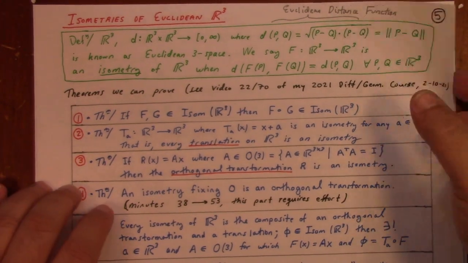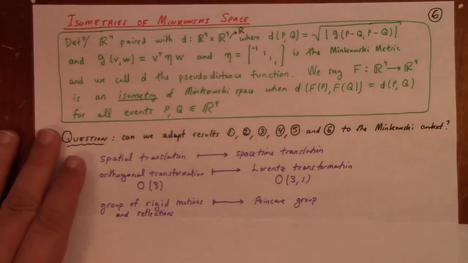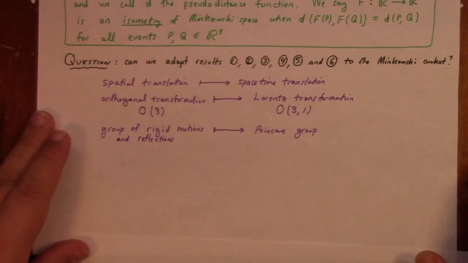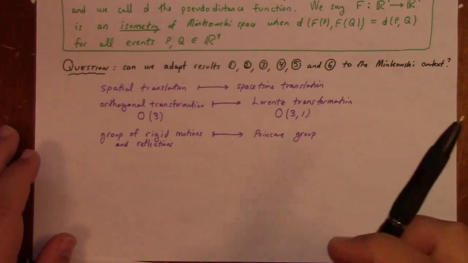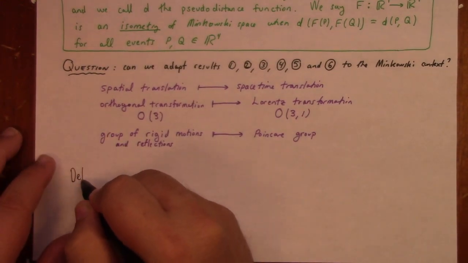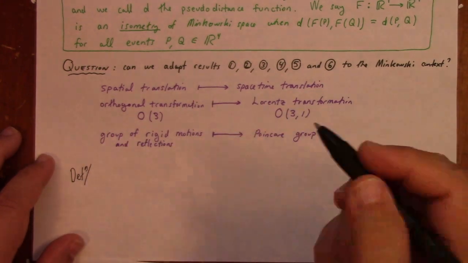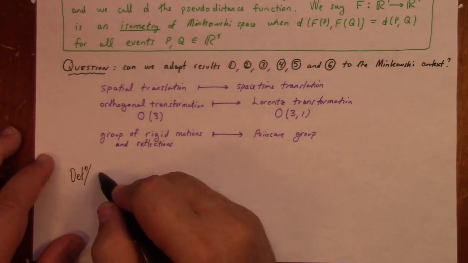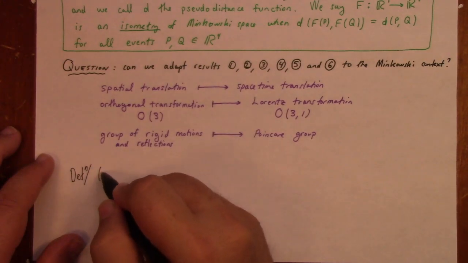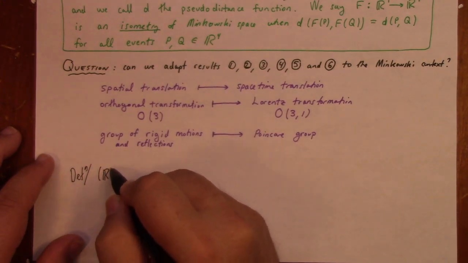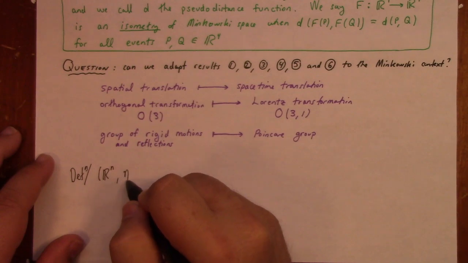Maybe I should define that. I can define that. So what's eta? What do we mean by eta orthogonal? What does it mean for a set of vectors to be eta orthogonal? Let me be a little bit more abstract than we have been up to this point, but suppose you've got R^n paired with eta.